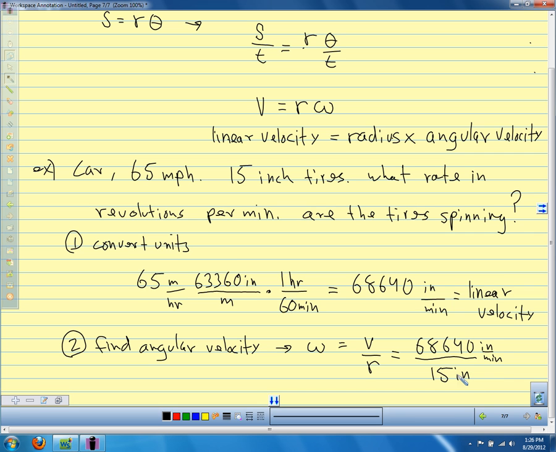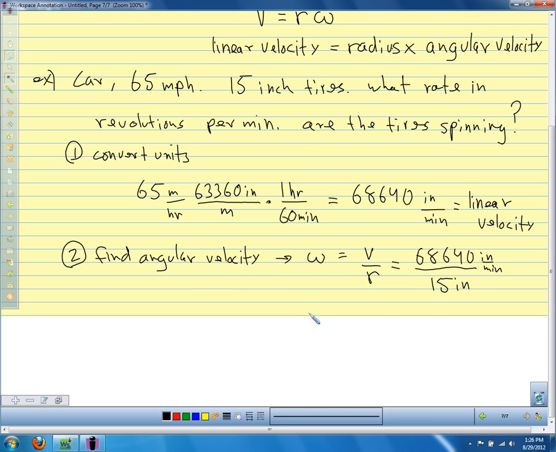And when we divide that out, we get that omega equals 4576 radians per minute. So that's our angular velocity.